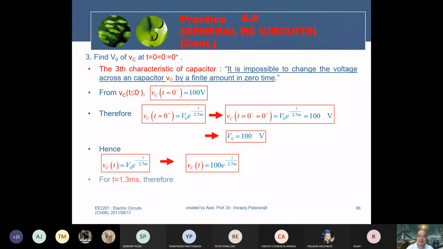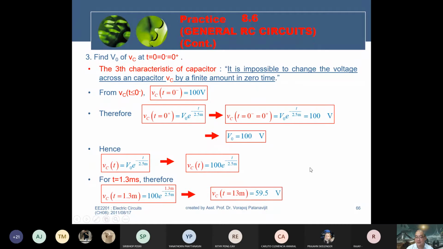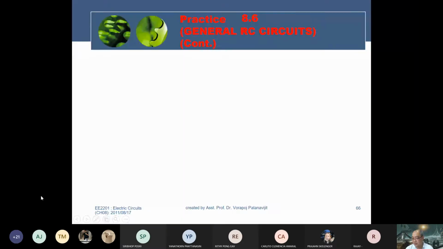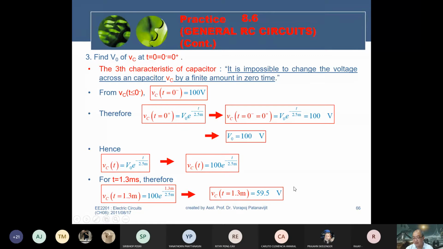If the question asks you for the capacitance voltage at the time 1.3 milliseconds, substitute them and you get VC equal to, sorry, 1.5, 59.5 volt.